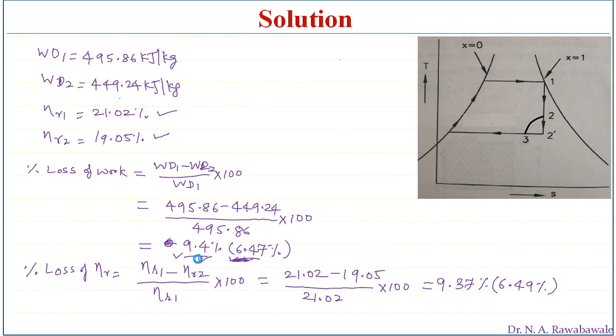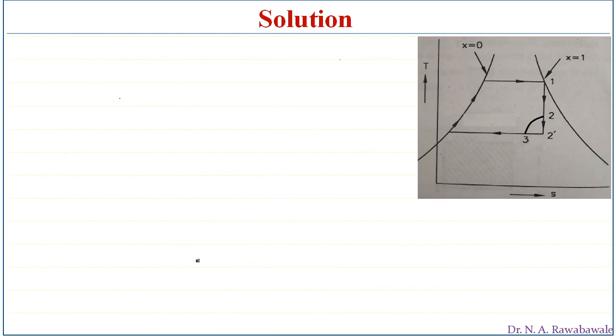Now we can summarize this data in a table. Here we will prepare a table: first the graphical method, and analytical. First we obtained the h1 value.